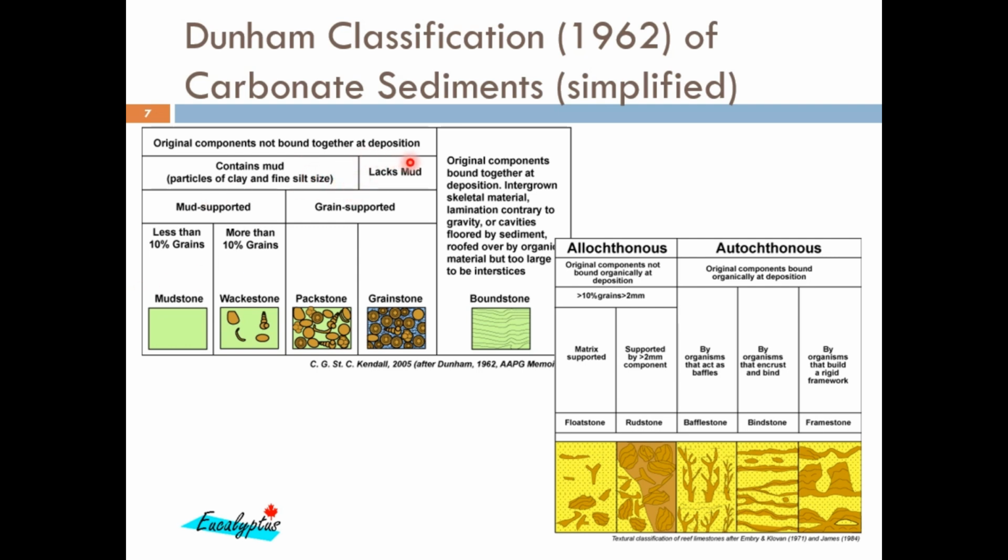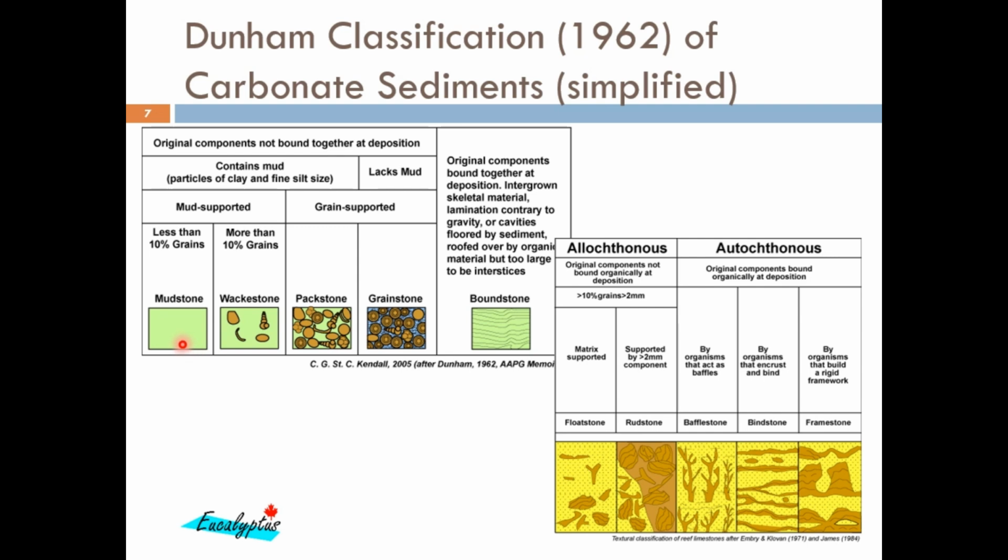And then you have rocks that have no or very little mud, i.e. particles that are 10 to 5 microns in size. Right? And if the rocks are completely made out of mud, that fine-grained material, with less than 10% grains in them, then typically it looks like a mudstone.